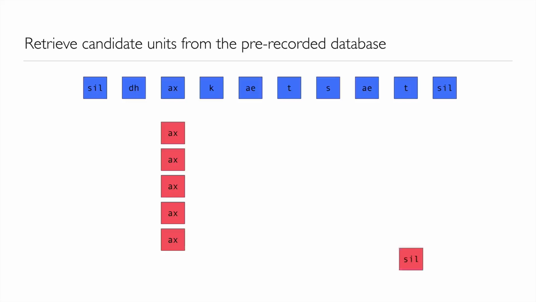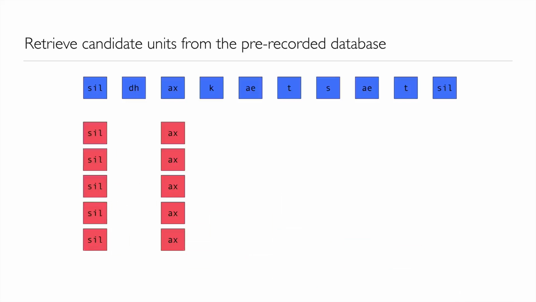Let's do the next one. Now, it seems a bit odd to treat silence as a recorded unit here, but remember in the case of diphones, we're just going to treat silence as if it was another segment type, another phoneme, so that we can have silence to speech and speech to silence diphones, just like any other diphone. And we'll go off now and get candidates for all of the other target positions.